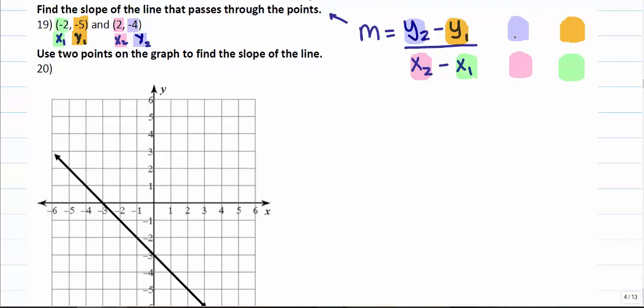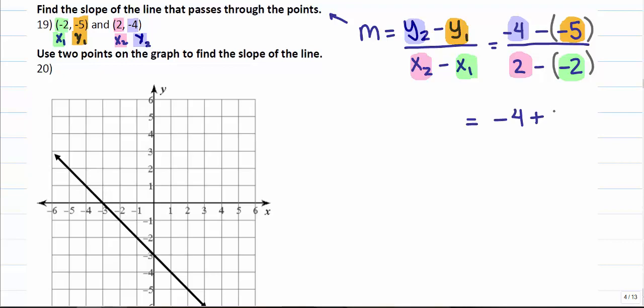And so if I just compare, the second y is -4 minus the first y, which is -5. And then the second x is 2 minus the first x, which is -2. Sometimes you'll see people put parentheses here, right? That's a very common thing to do. So whenever you subtract two numbers, you are really adding the opposite, meaning I'm taking -4 and I'm adding to it a +5.